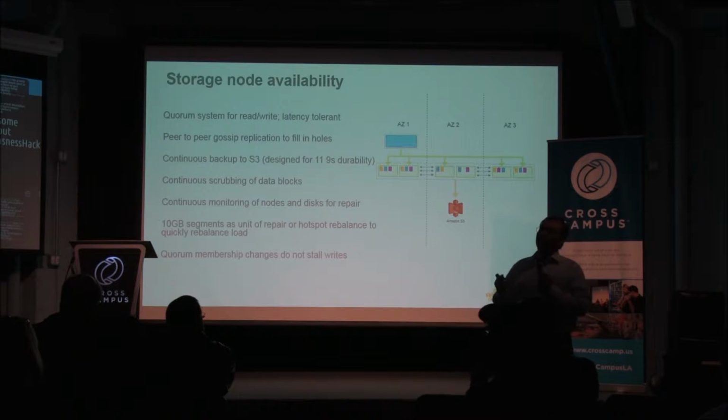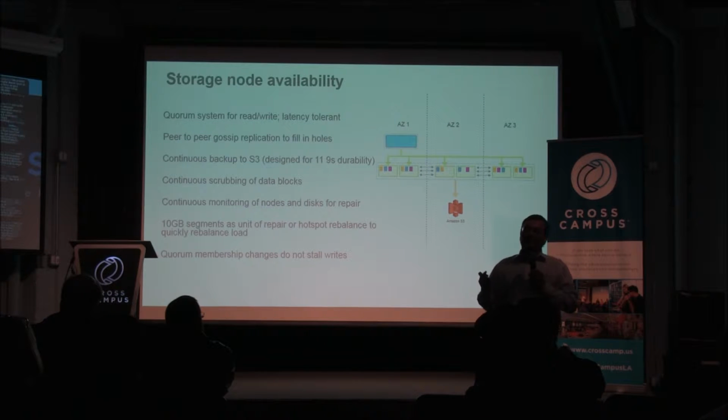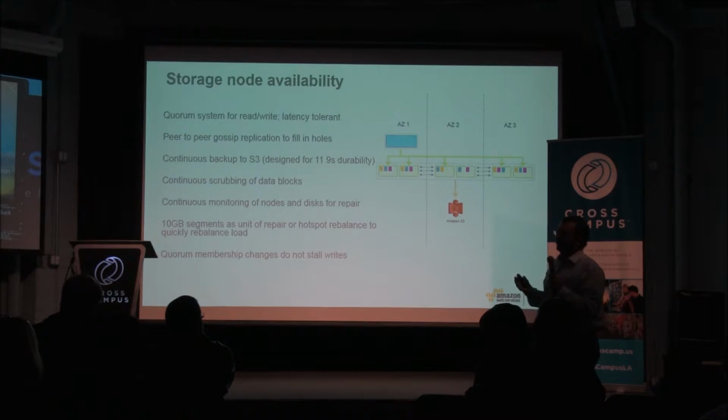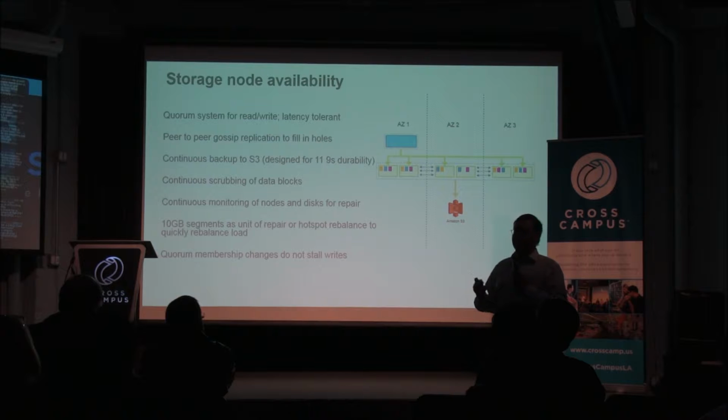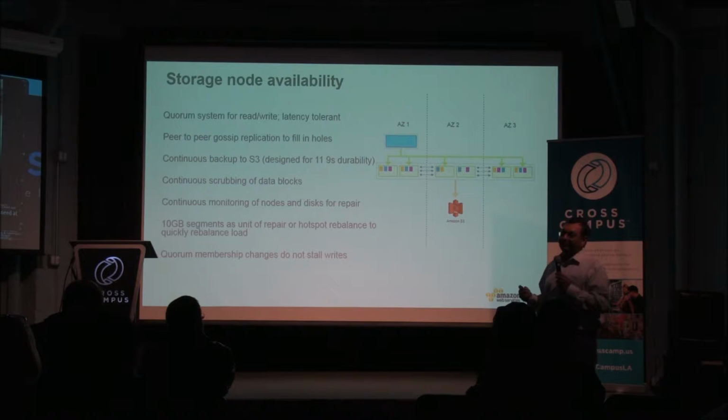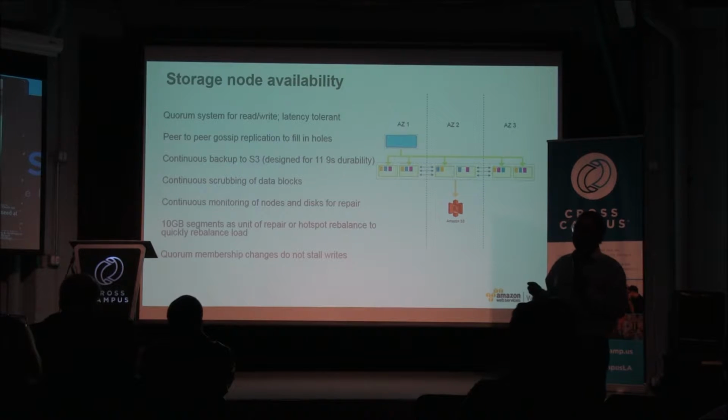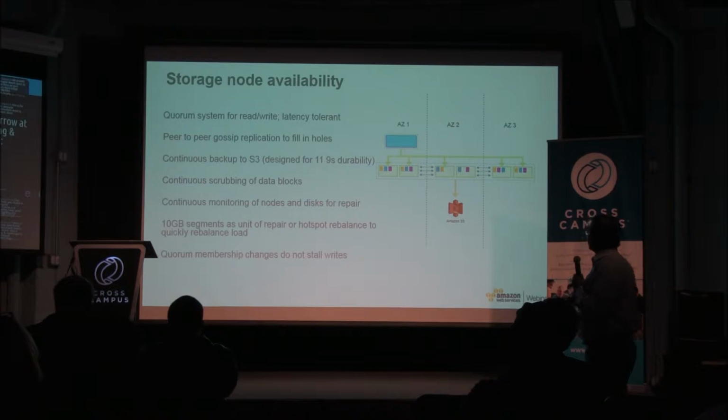And when one of those nodes or one of the AZs are down, we have new nodes coming up, and there is peer-to-peer replication going between the storage nodes, so that there is a background repair action that is happening, right? There are a lot more things, of course, that happen in the code. Not getting into too much detail here.